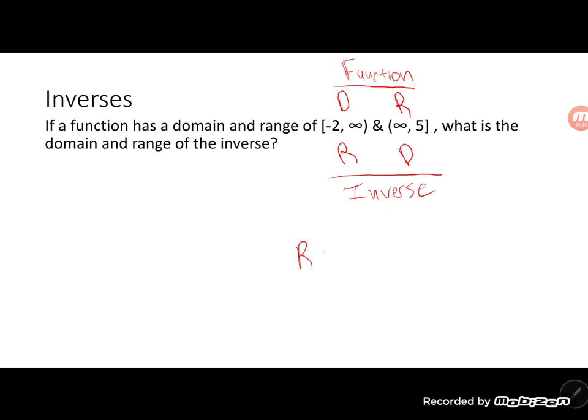So the domain would be, and we'll go ahead and write this correctly, bracket -2, comma infinity, parenthesis. How did I do that? I just looked up here and swapped them around because it is the inverse.